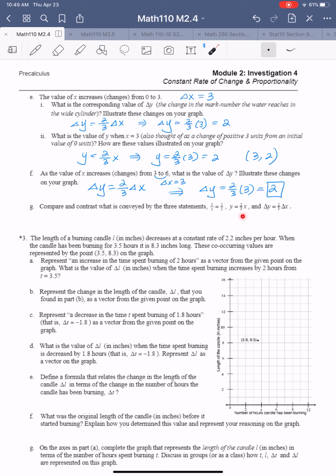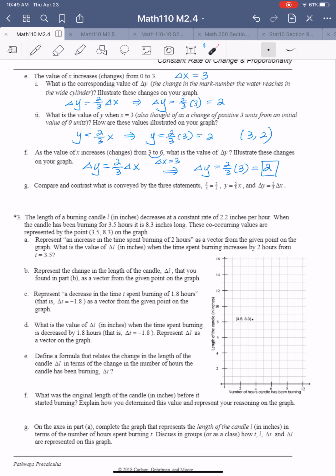The second one is about the Mach number in the wider cylinder, which is always 2/3 times the Mach number in the narrow cylinder. And the third one talks about the change of the Mach number in the wider cylinder always being 2/3 times the change in the narrow cylinder. Okay, and that's all for number 2.